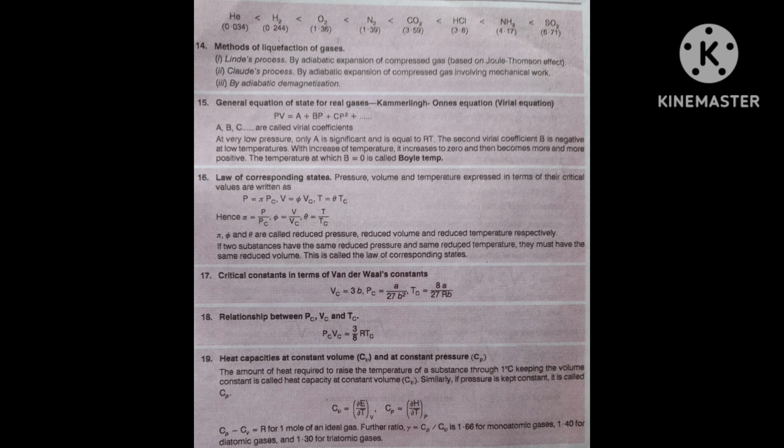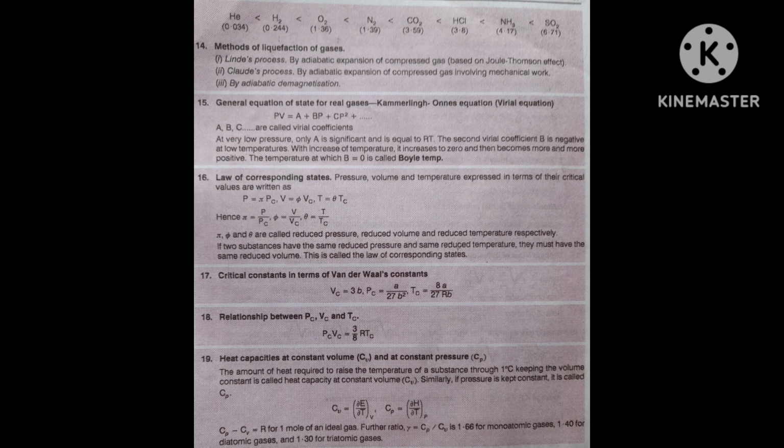Here PV is equal to A plus BP plus CP squared plus and so on. Again, the general equation of state for real gases is also called the virial equation, or the Kamerlingh Onnes equation. PV is equal to capital A plus capital B into P plus CP squared plus dots like that.